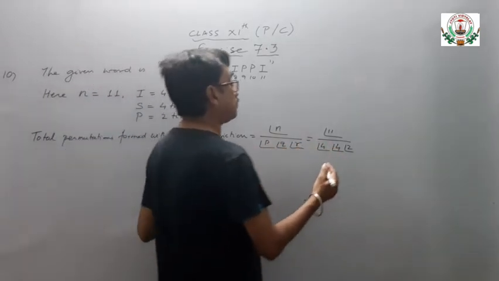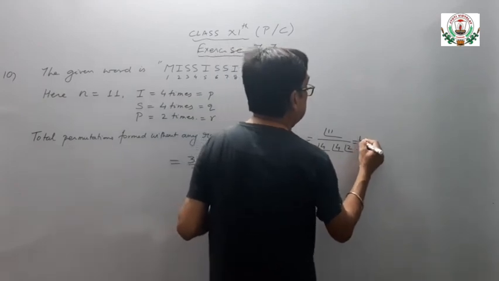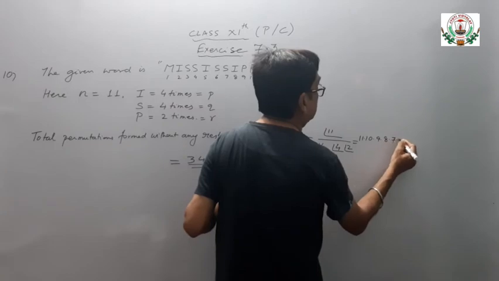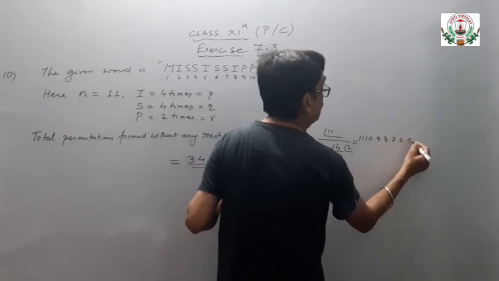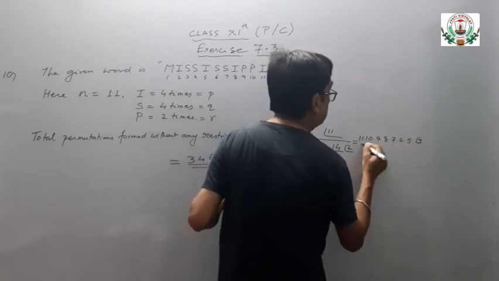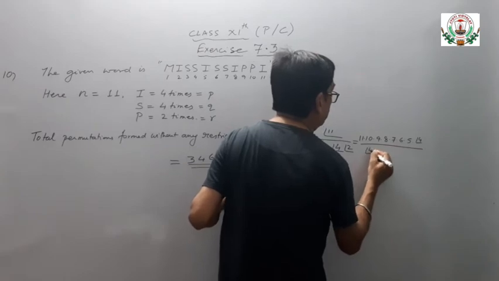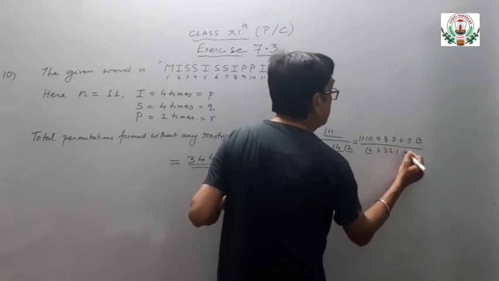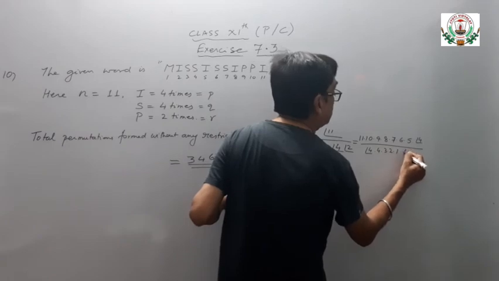Simplifying: 11 into 10 into 9 into 8 into 7 into 6 into 5 into factorial 4 upon factorial 4, 4 into 3 into 2 into 1, and factorial 2, which is 2 into 1.